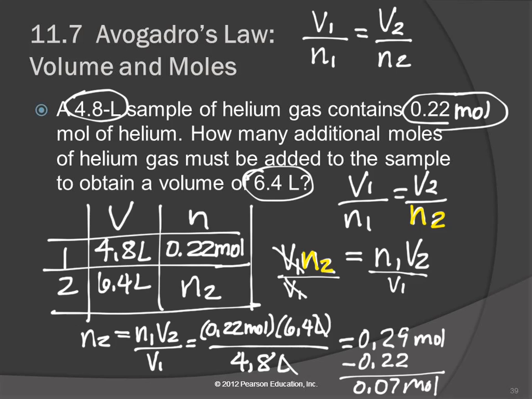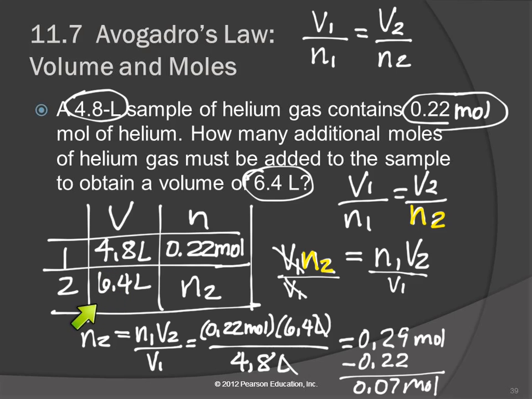Yes? I do something similar to that. I divide 6.4 by 4.8, then I multiply that by 0.22. So I end up with 0.29333. Okay. That's the way I do it. Yeah, that's probably a ratio method. I'll just tell you about that real briefly. We're trying to find N, so we take the N that we're starting with, and we're going to make a ratio out of the volumes.